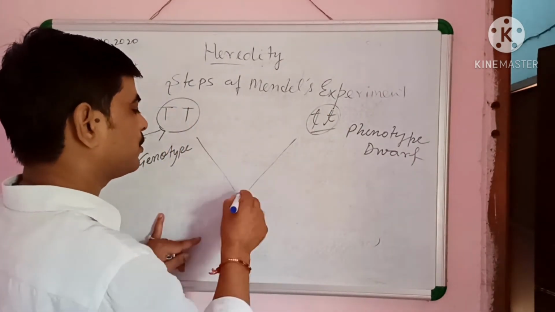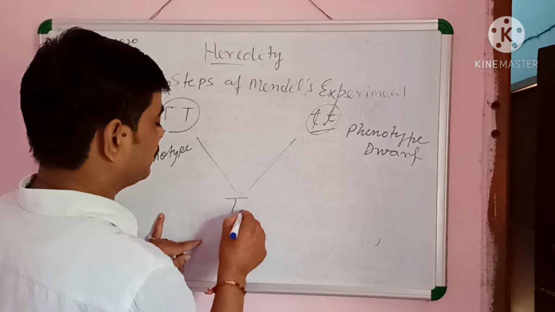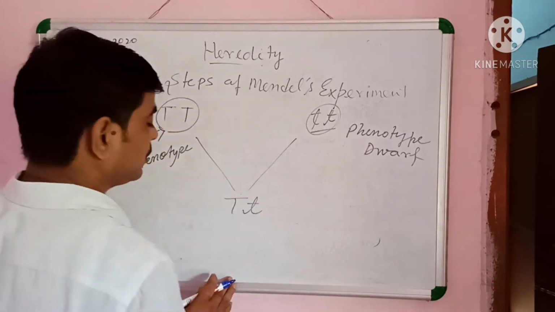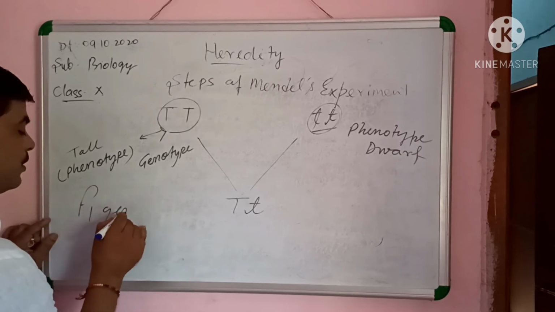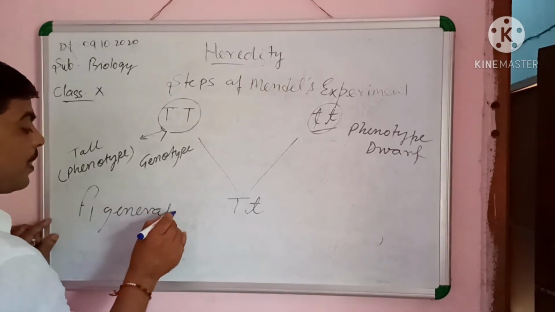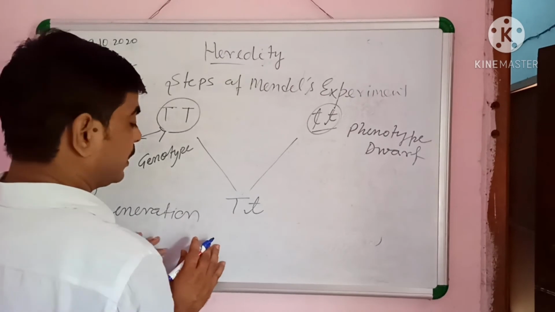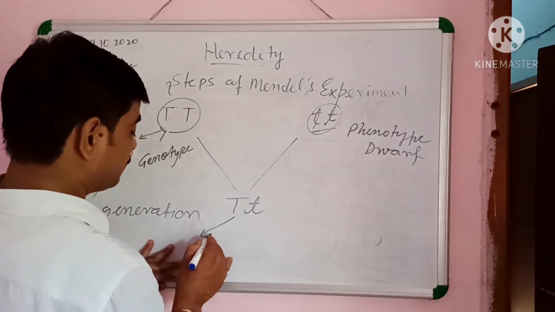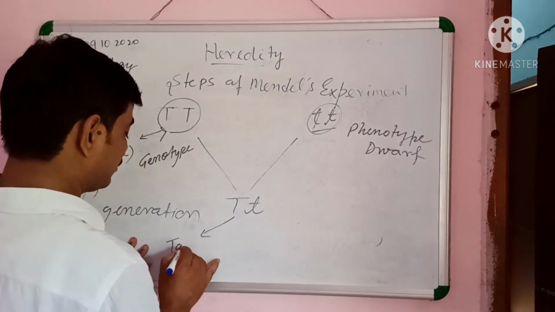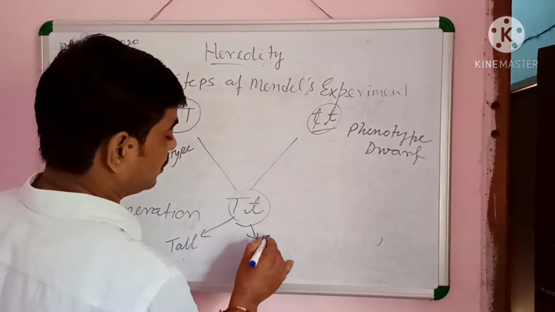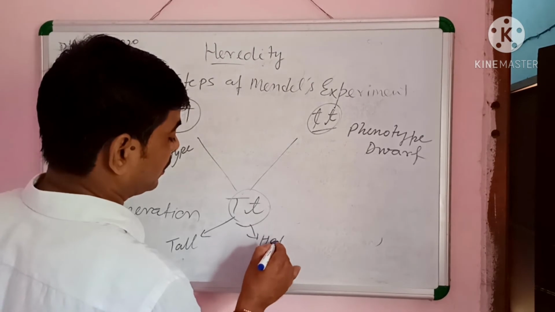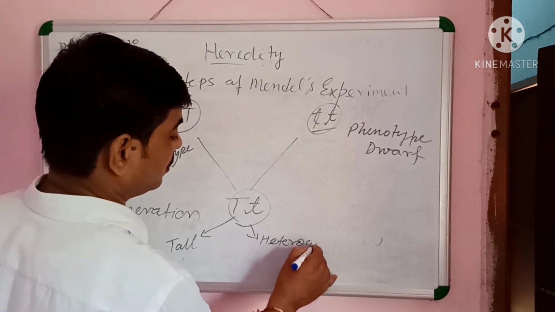They are allowed to crossbreed and they produce in this way Tt. So this is the F1 generation, and the characters in F1 generation: the phenotype is tall and genotype is heterozygous.